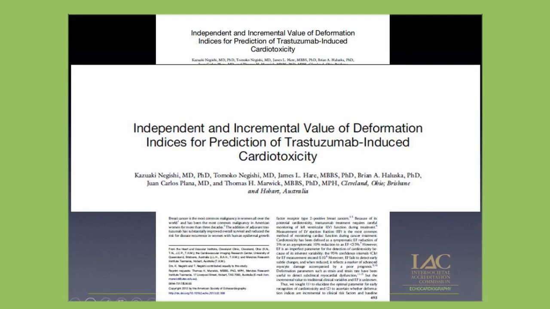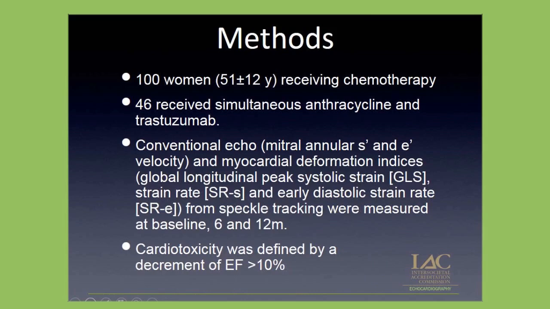What if we do not look for an arbitrary cutoff, but we look for a percentage reduction? By doing so, that will get us off the hook of what would be the normal value, because if it's a percentage reduction, then the same principle will apply even if we use different machines.